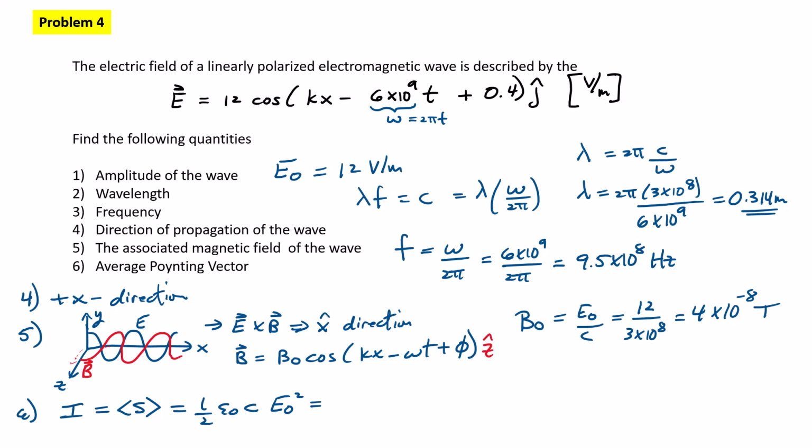We just substitute in all our values: 1/2, permittivity of free space 8.85 times 10 to the minus 12, speed of light 3 times 10 to the 8, and my electric field, which I get from over here, is 12 squared. We put in all the numbers, and you get something like 0.19, measured in watts per meter squared.